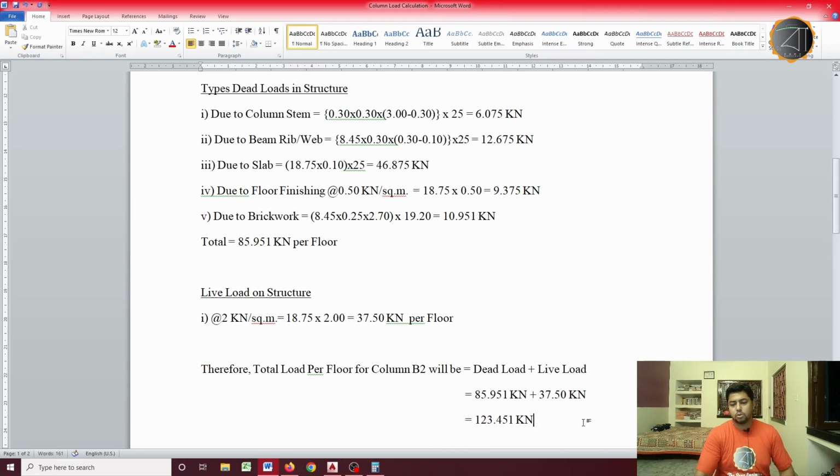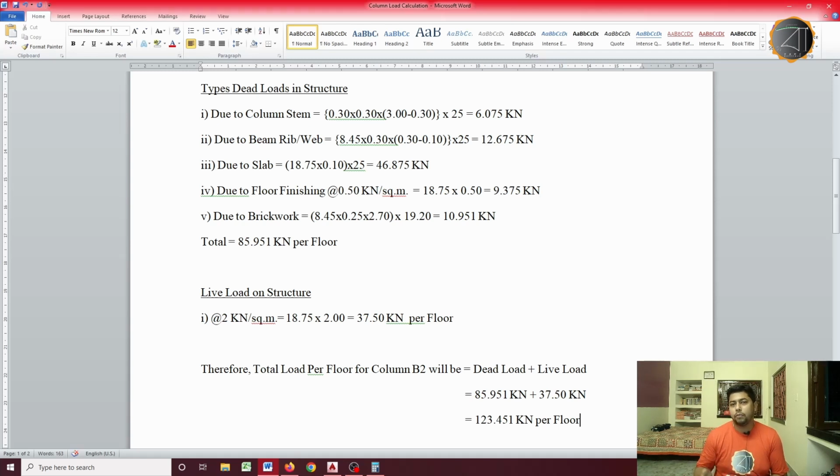This will be the load per floor. Okay. We can take it as, for conservative considerations, we can take it as 124 kilonewton for easier calculations later on, and it is per floor load for that particular B2 column only.